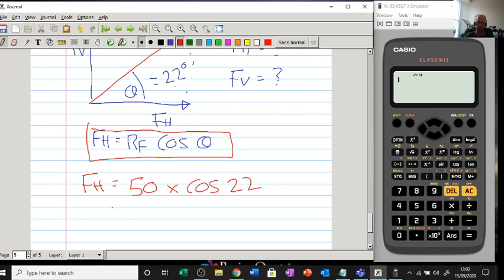This will give us the horizontal force. So cos 22 equals that, times by 50. 46 and a bit. 46.036.